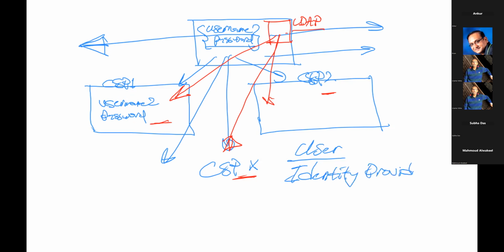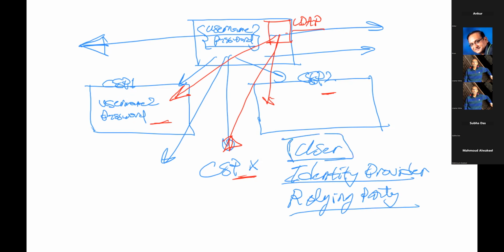This is the entity which has your user credentials, and the relying party, which provides the service. Then in the example given by Prem, who is the user? I am the user. Prem is the user. Who is the identity provider? Google. And who is the relying party? Booking.com. Yes.